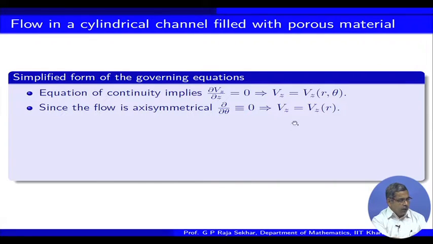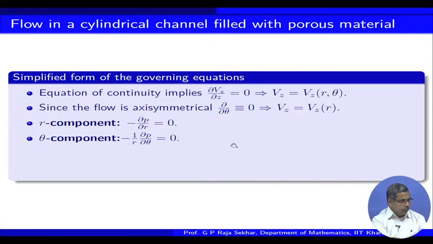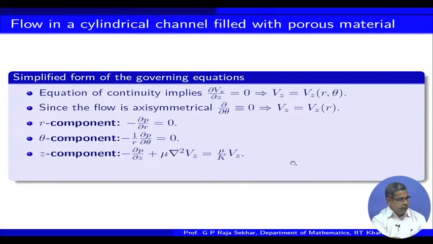Correspondingly axisymmetry brings it from r, theta to r alone. Now the r component and theta component ensure that p is independent of r and theta. Okay. So, this is the z component. So, essentially we have to solve this particular equation. This too ensures that p is a function of z alone.